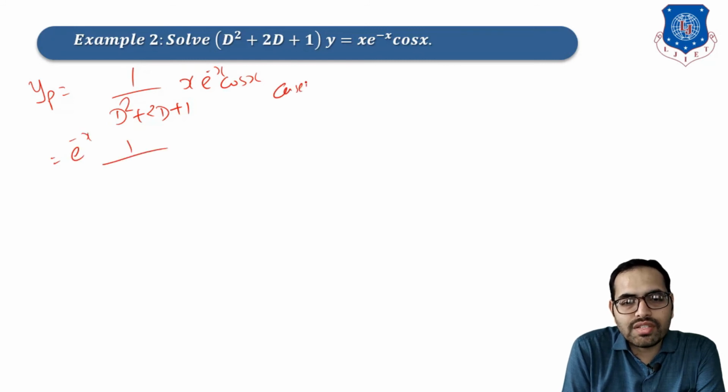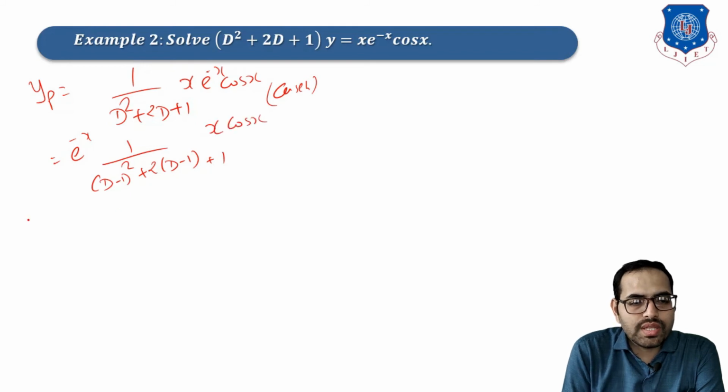Here we apply case 4. According to this case, replace D with D minus 1: (D minus 1) whole square plus 2 times (D minus 1) plus 1, then x into cos x. Now simplify that term.